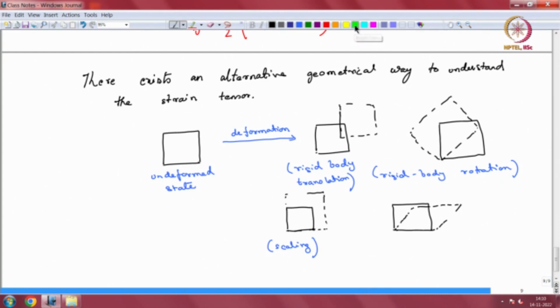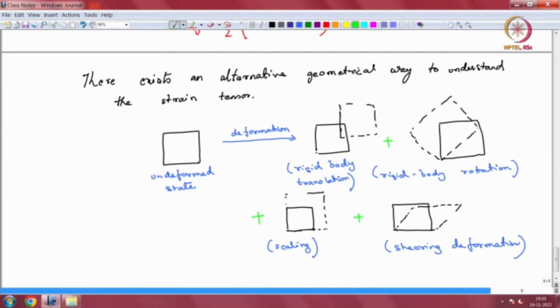Now, any small deformation like this of an undeformed state can be looked upon as the sum of all these different types of deformation. So, you have the rigid body translation, rigid body rotation, a scaling operation, and a shearing deformation. So, this can be looked upon as this.